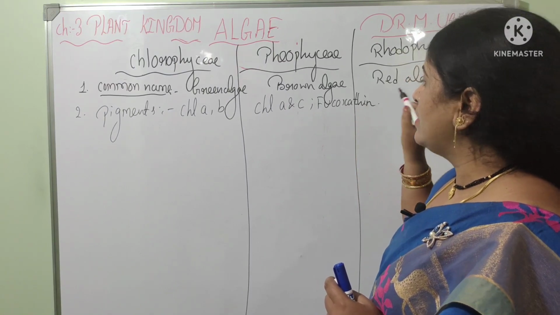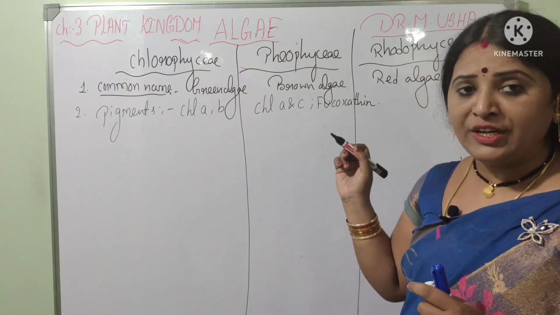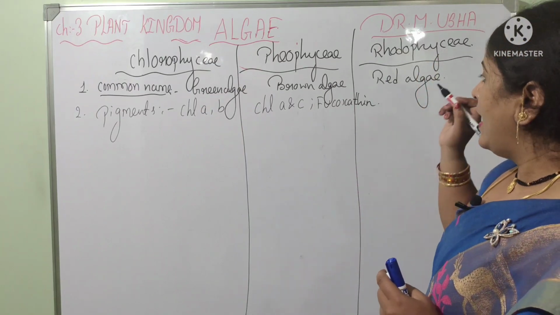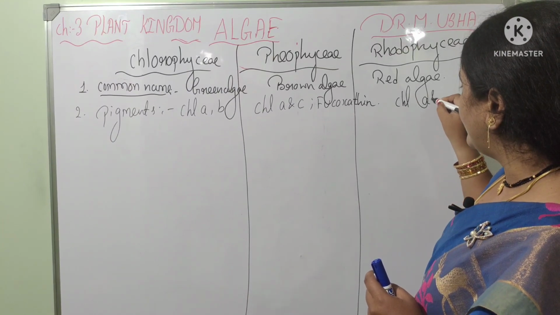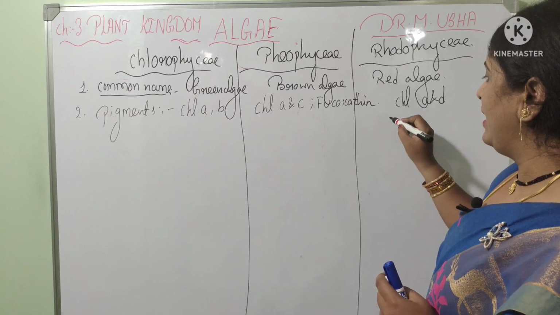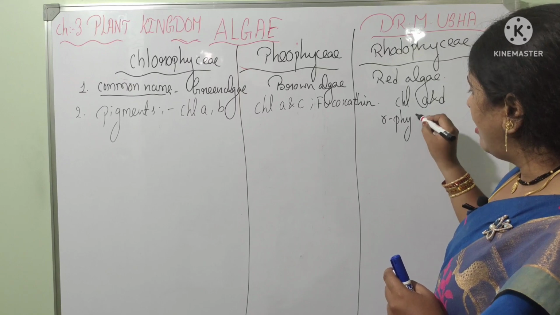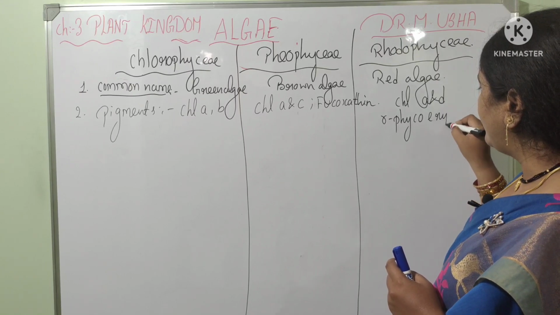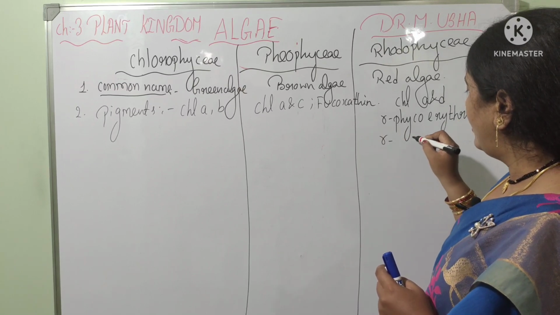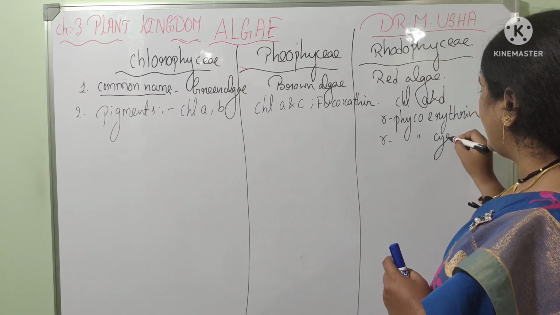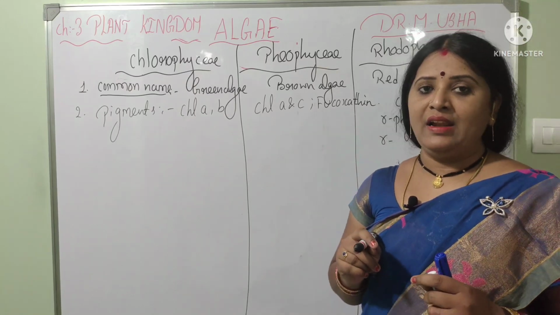This fucoxanthin is a very important pigment which imparts brown color to these algae. And rhodophyceae have chlorophyll a and d followed by R-phycoerythrin and R-phycocyanin, the two pigments found in red algae.